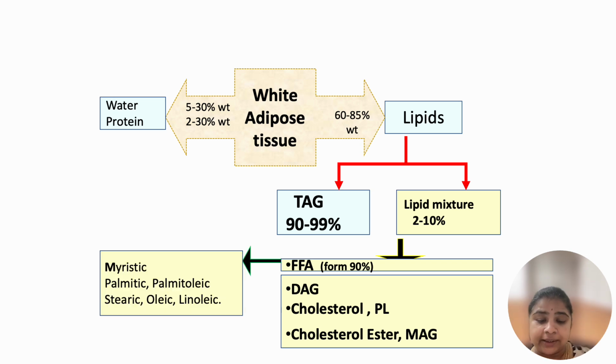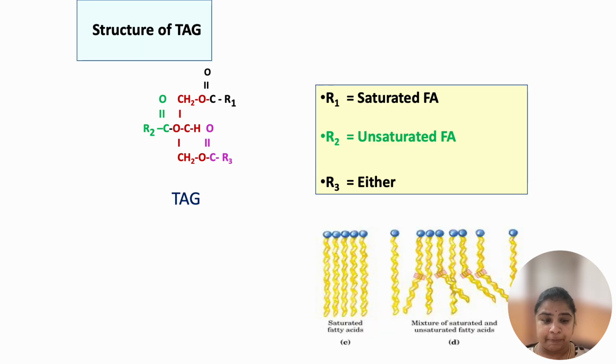The free fatty acids are mainly myristic, palmitic acid, palmitoleic acid, stearic, oleic, linolenic, linoleic acid. These are the free fatty acids that will be esterified and present.